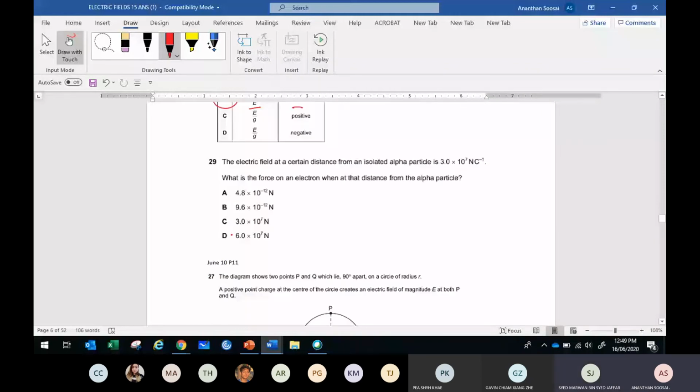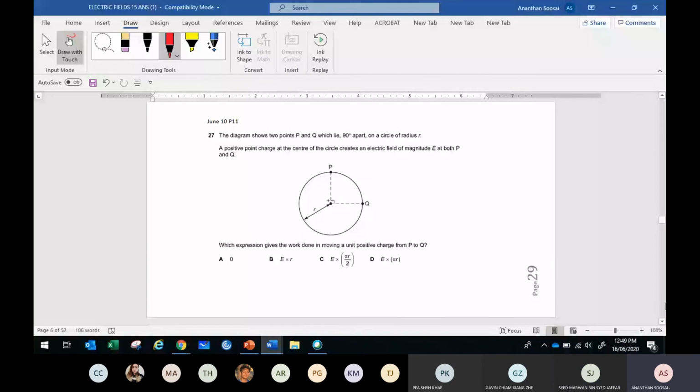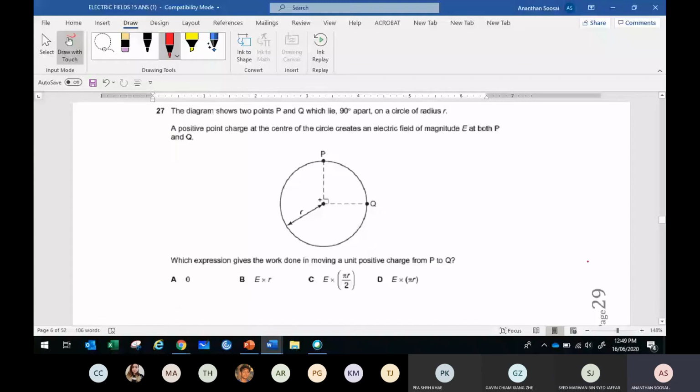Okay. Next question, June 10, paper 11, question 29. Come on, give a try. One minute for you. This is a very good question. Please WhatsApp me your answers, so I can see who gets the concept.